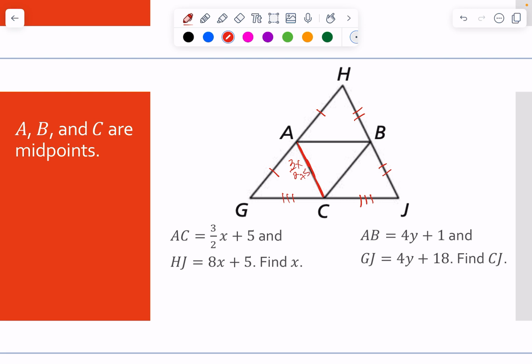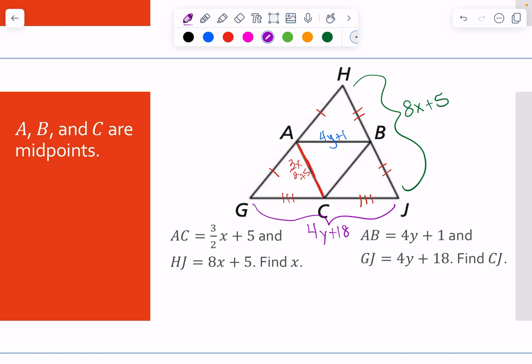They also tell me that AB is 4y plus 1. They tell me HJ, so the full segment here, is 8x plus 5. And they tell me that GJ, the full segment here, is 4y plus 18.